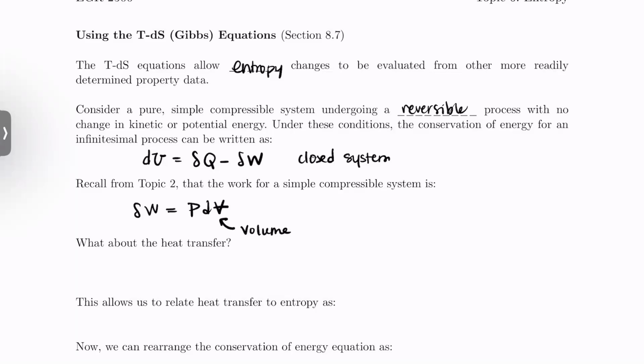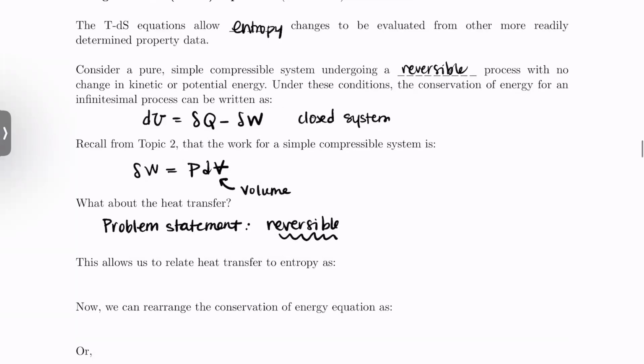But what about our heat transfer? So the problem statement has a keyword, which is the following. So we said that this is a reversible process. All right, so this allows us to relate our heat transfer to entropy as the following.